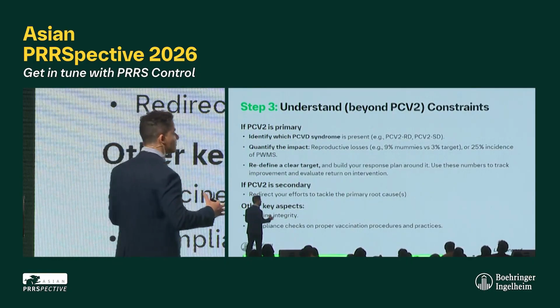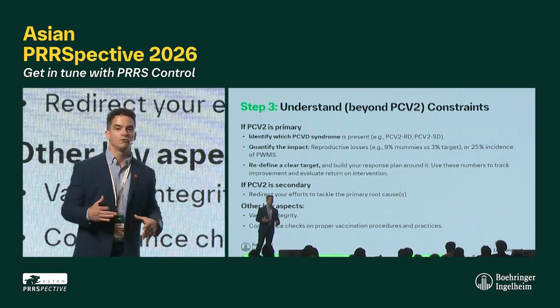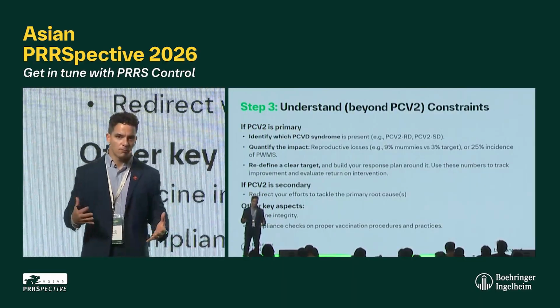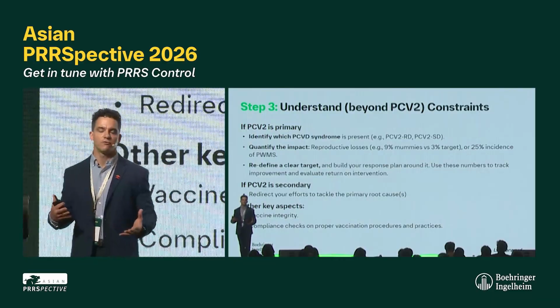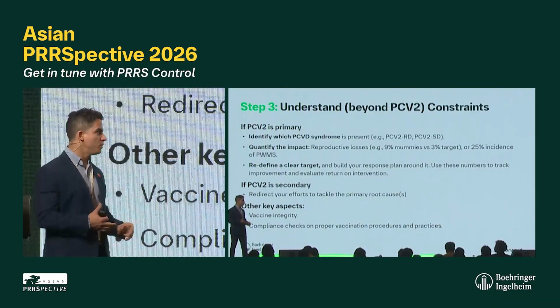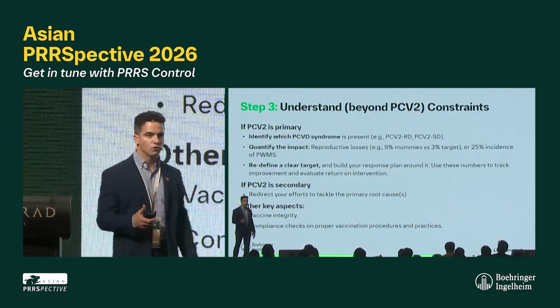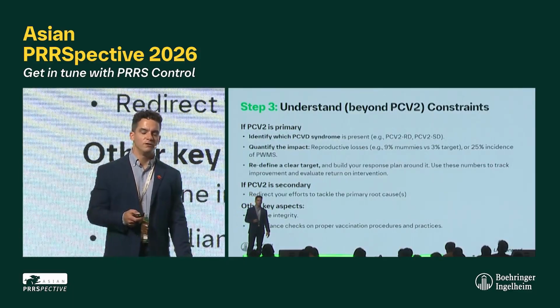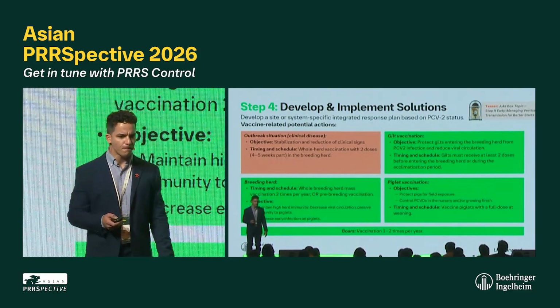All of that is very common when we find consistent issues with PCV2. So vaccination compliance and maintenance of the integrity of the vaccine are very important steps that need to be focused on when we are doing these investigations related to PCV2 disease manifestation.